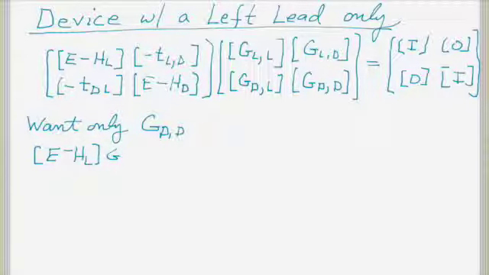E minus HL. Which one am I doing? I guess I'm multiplying this column times the first row of the matrix on the left.